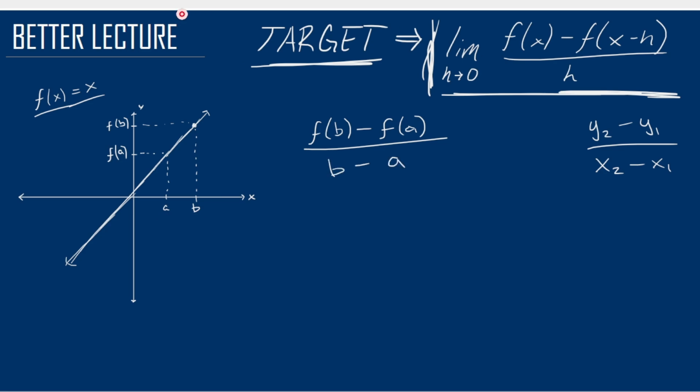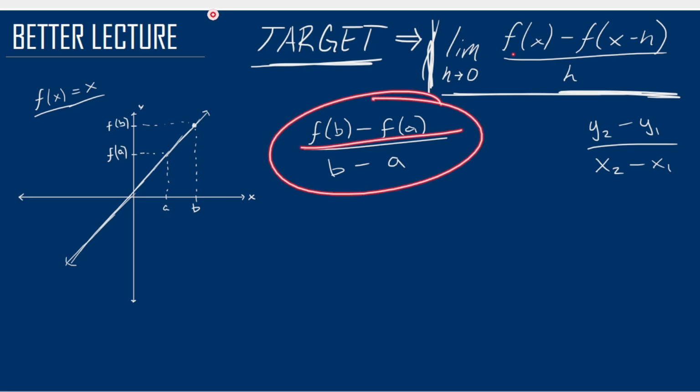You can see that, once again, this is a point and this is a point. But now you can see this is slowly turning into something that looks more like the derivative formula.